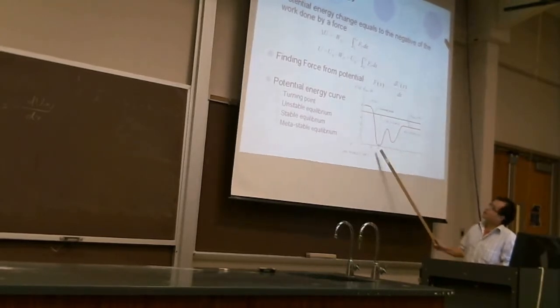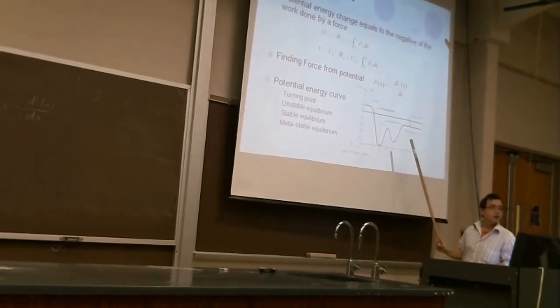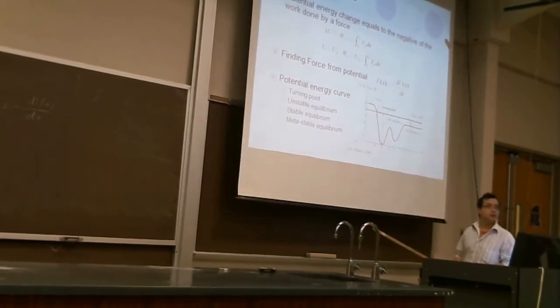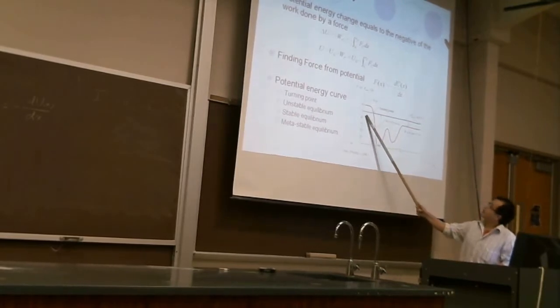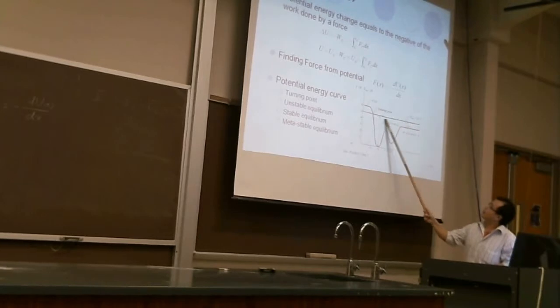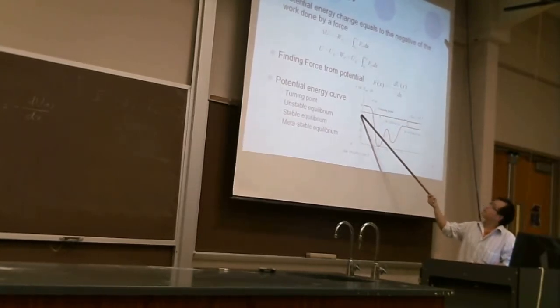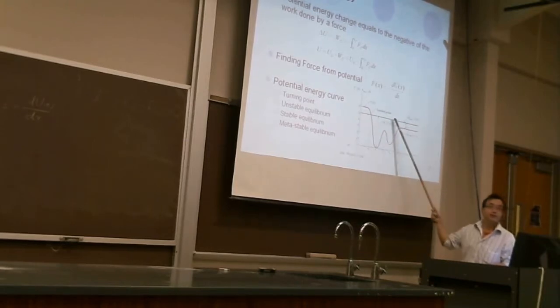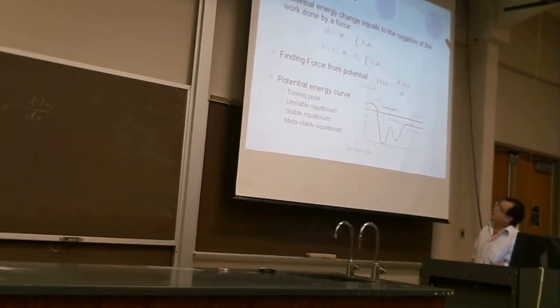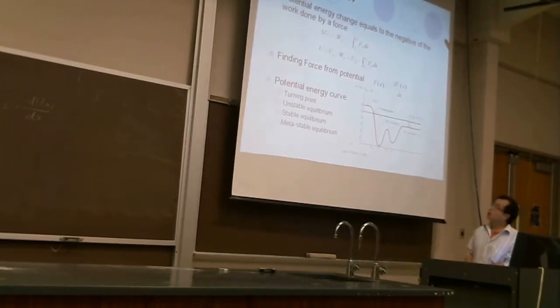If you have some object, some particle moving in this potential, with some particular energy, say this represents the total energy of the particle, say it's 5 joules, then at different points it has some different features.